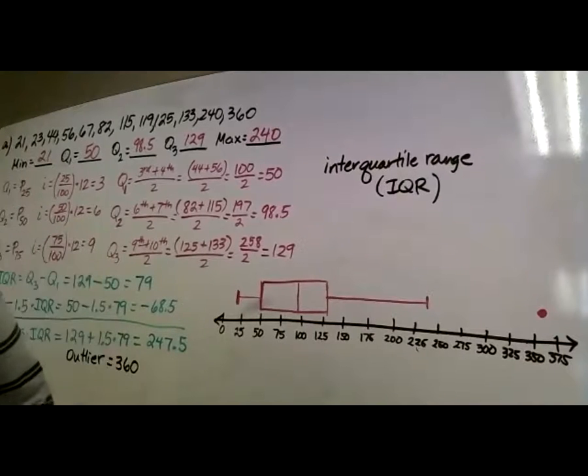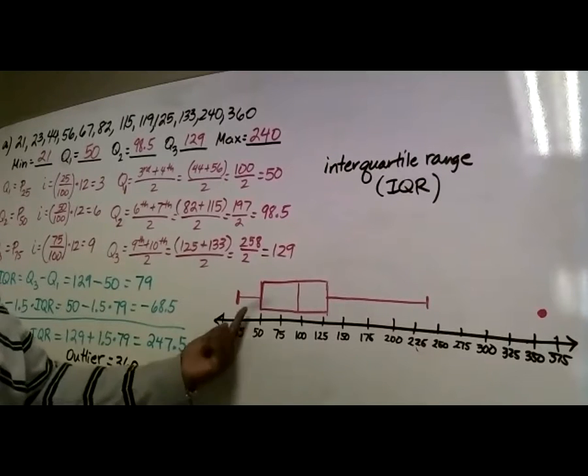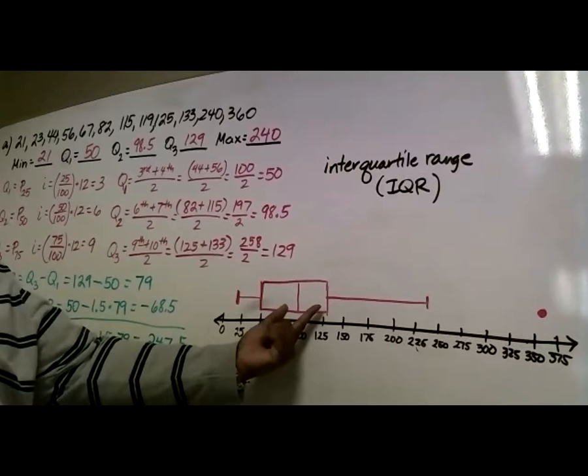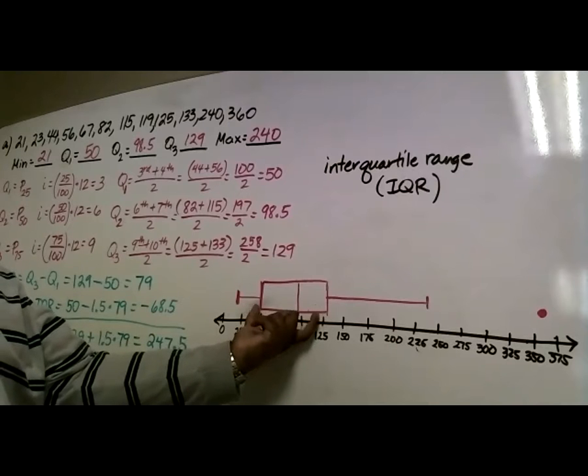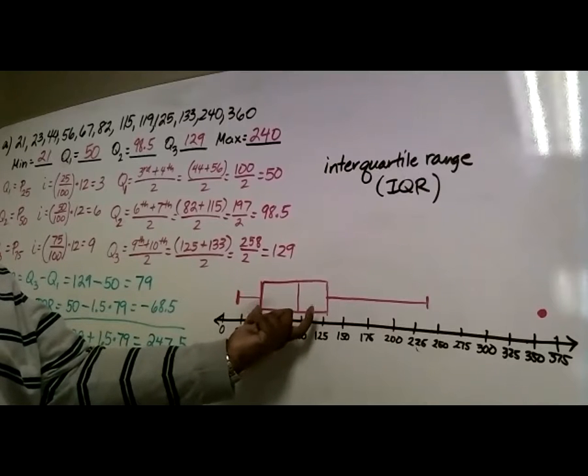It expresses that most of the numbers are in this range. Because that's the first quartile, and that's the third quartile. That represents the middle 50%.